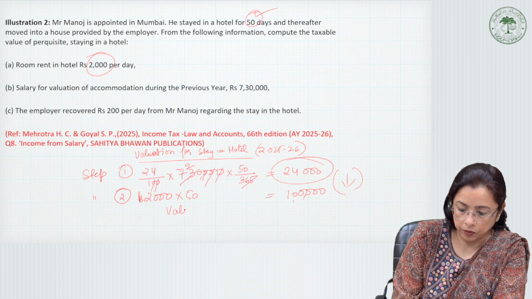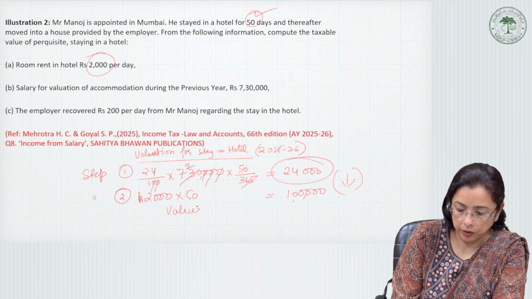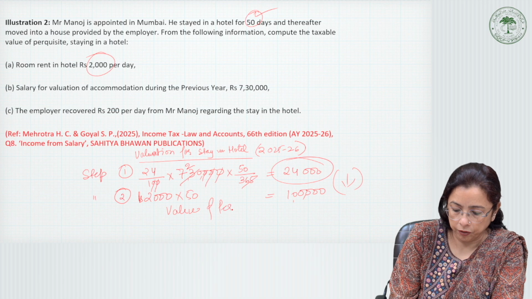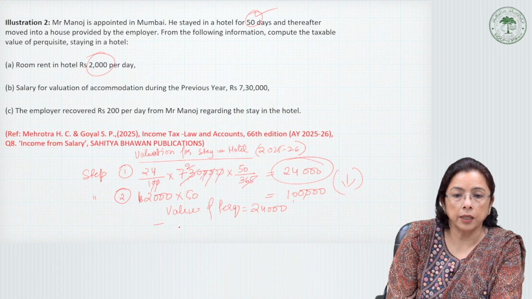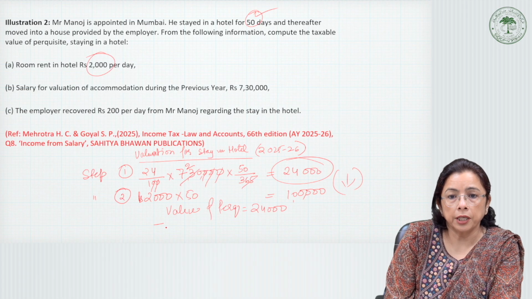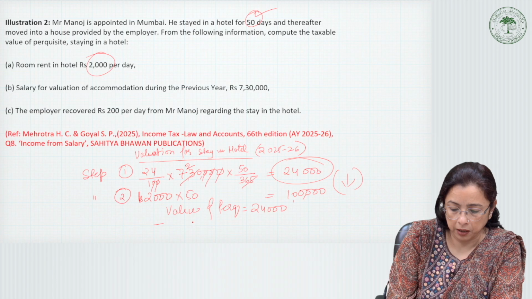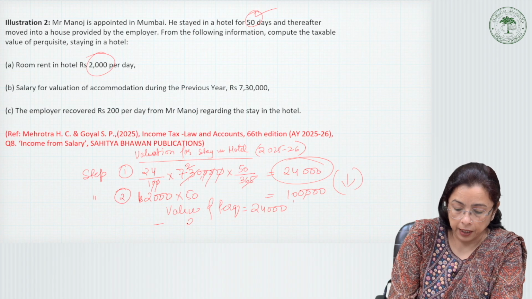So the value of perquisite is 24,000 less the amount that was recovered from him. The recovery of 200 was made for every day.